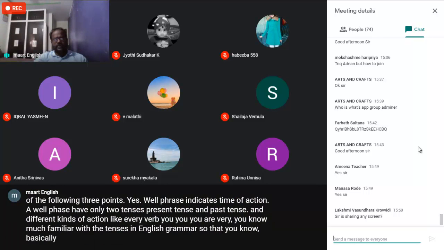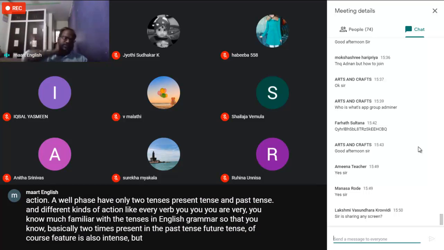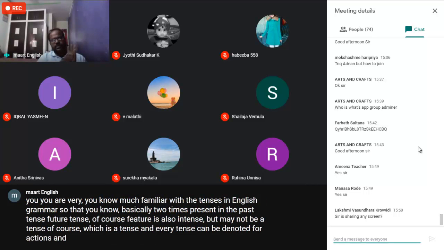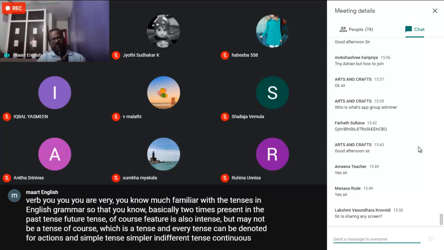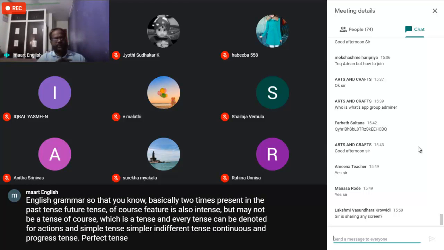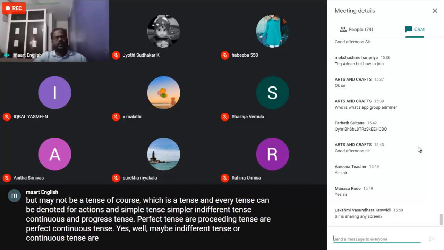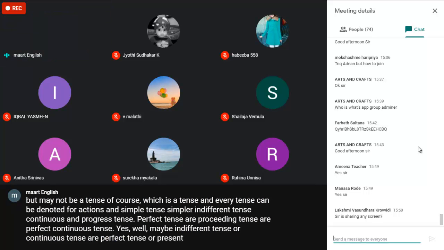Basically two tenses, present tense and past tense. Future is also treated as a tense, and every tense can denote actions: simple or indefinite tense, continuous or progressive tense, perfect tense, or perfect continuous tense.